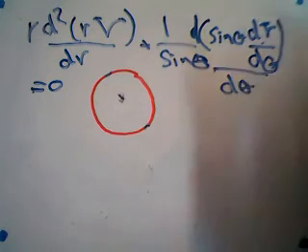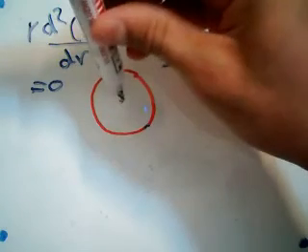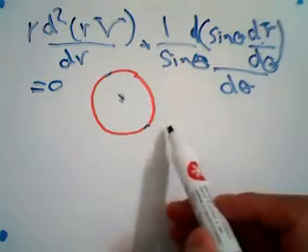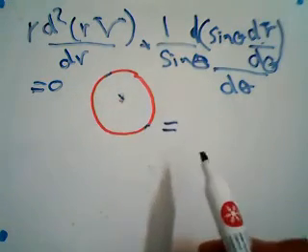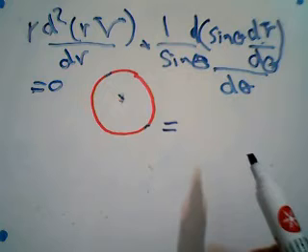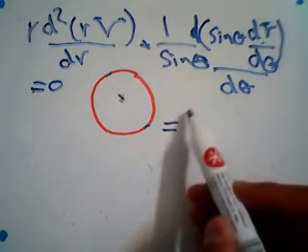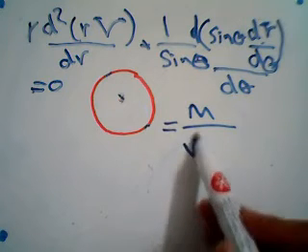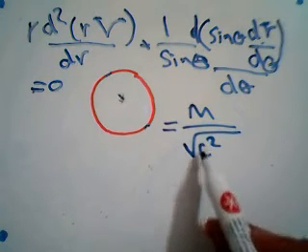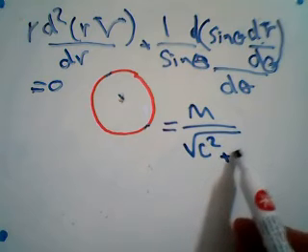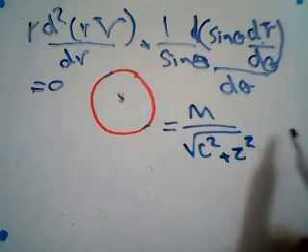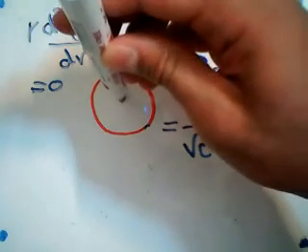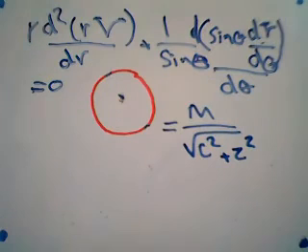I forgot to mention that the potential of the points on the axis equals, and we could derive that, I'm not going to do it here, the mass of the ring over the square root of c squared plus z squared, where c is the radius and z is the distance of the points from the center.